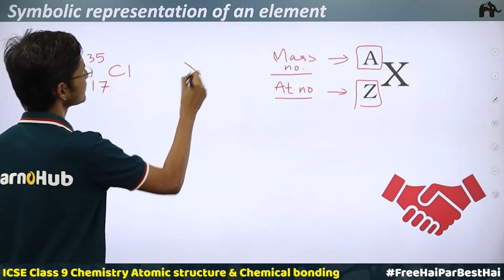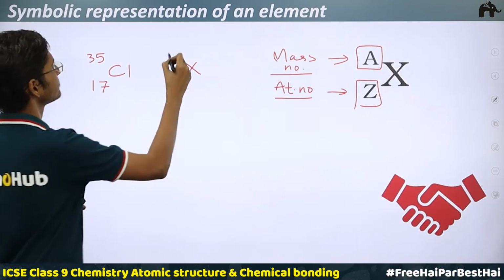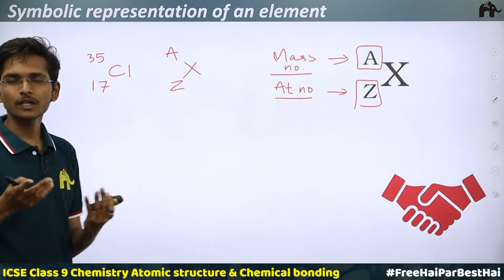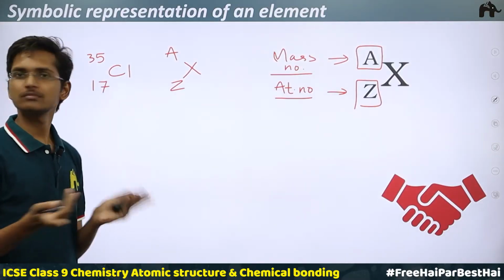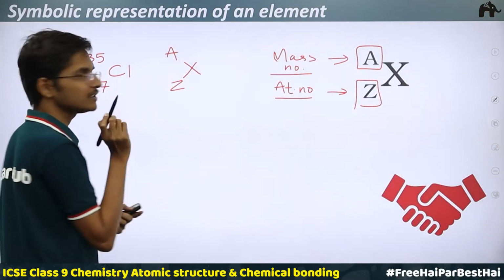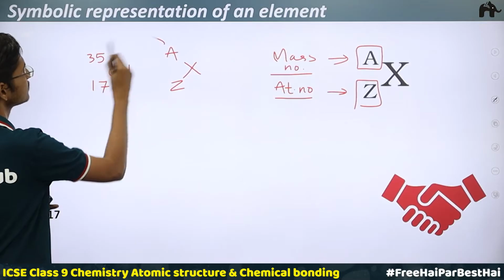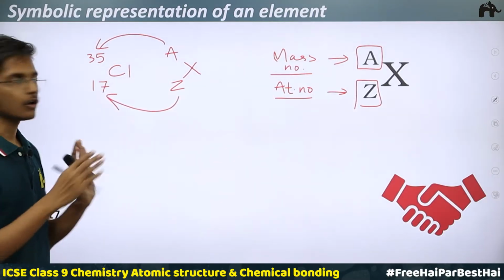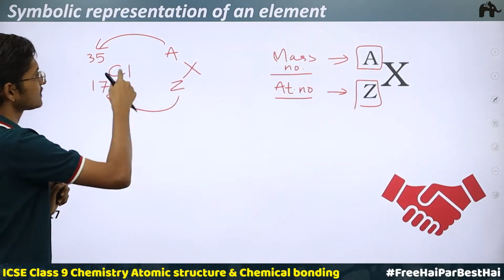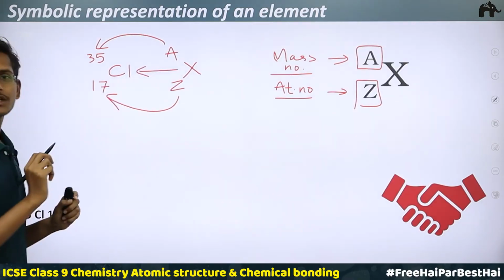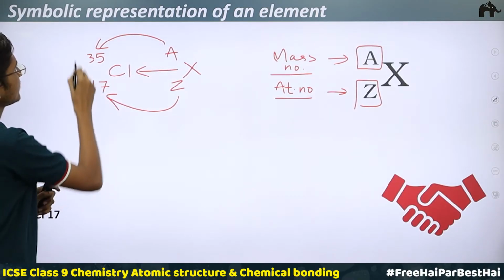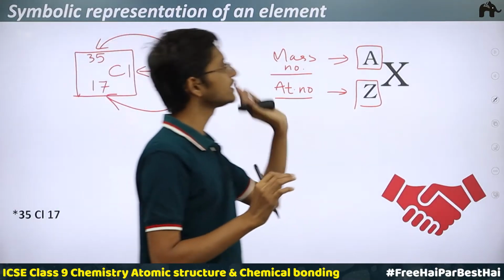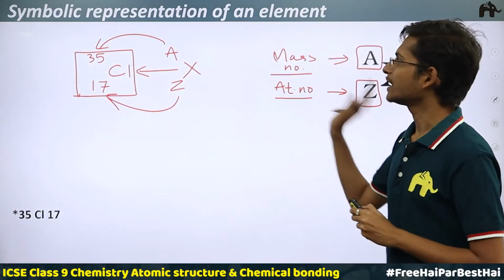So X is the symbol of an element, and you can remember A to Z in this way, like our alphabets from A to Z, right? A is the mass number of chlorine, Z is the atomic number of chlorine, and X is the symbol of chlorine. In this way I can represent chlorine. Clear? So this is the symbolic representation of an element.